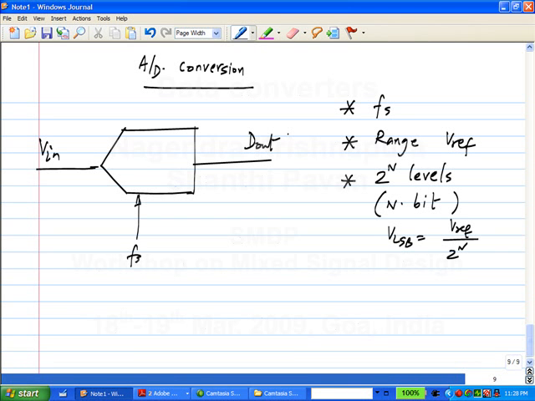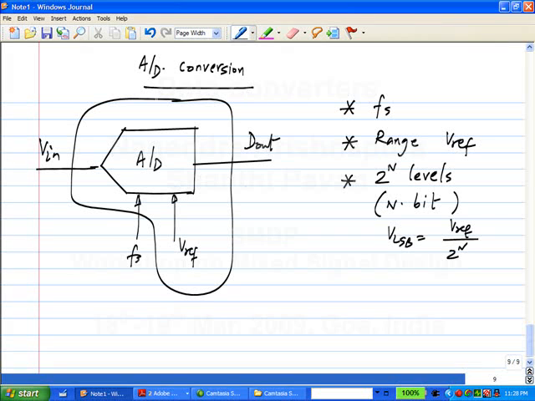So that number is given by D out. And there is also some voltage Vref that defines the range of the input. So these are all the things that you need for an A to D converter, and typically if you buy an A to D chip, this part is inside the chip, you apply a clock from outside, you apply the input and you will get D out.